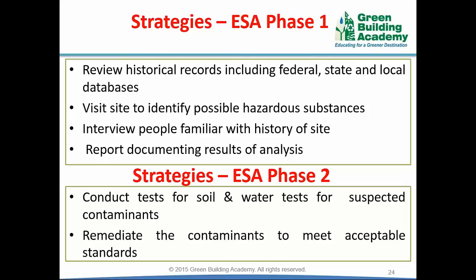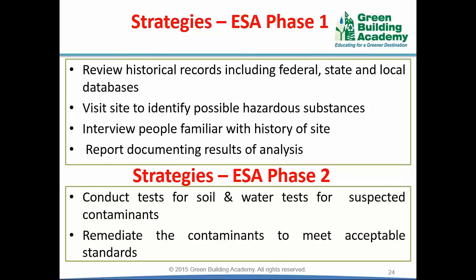If the results are positive, that there are contaminants expected from the site, then the project team will conduct a Phase 2. So Phase 2 basically means the soil and water samples will be taken from the project site and tested in a laboratory to see if there are any possible contaminants.